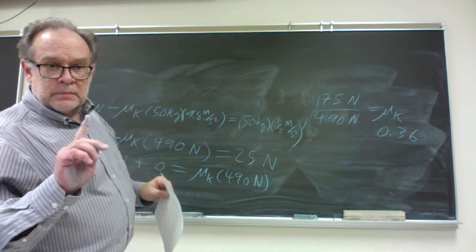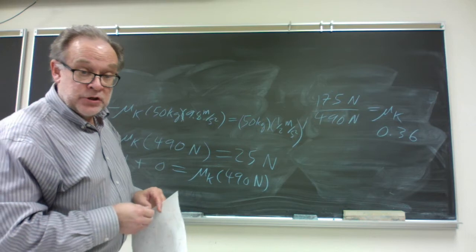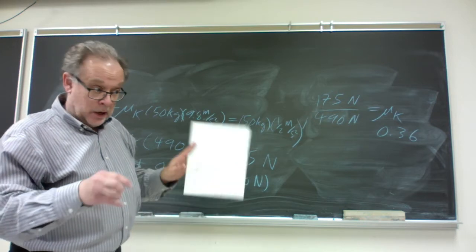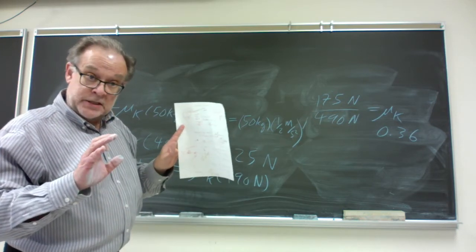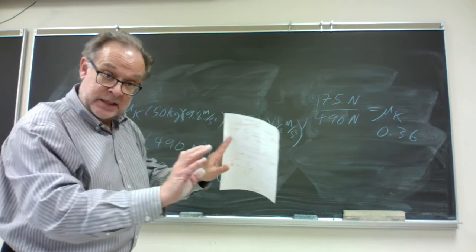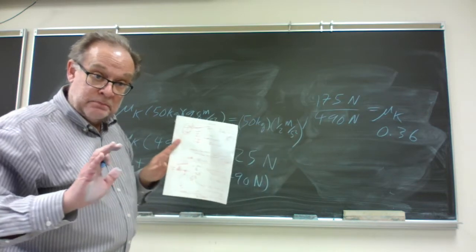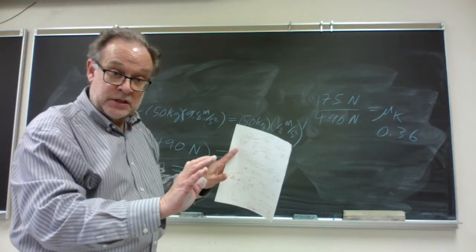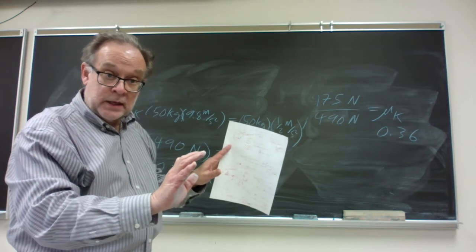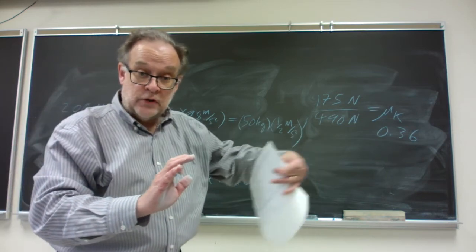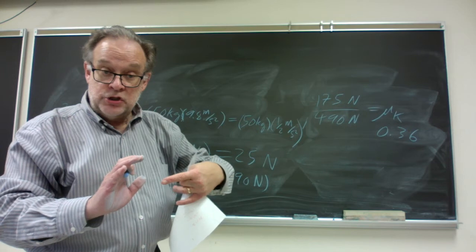Okay, now let's look at a slightly different situation. Same crate, but now it's sitting still, and I'm trying to get it started moving. And I push on it a little bit, and it doesn't move because static friction is strong enough to cancel out my push.